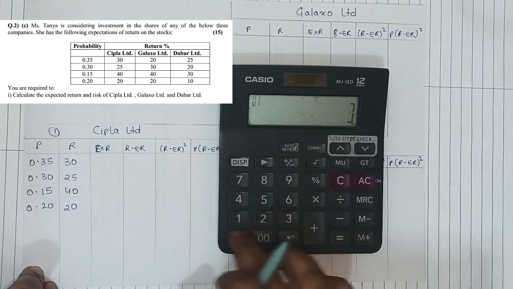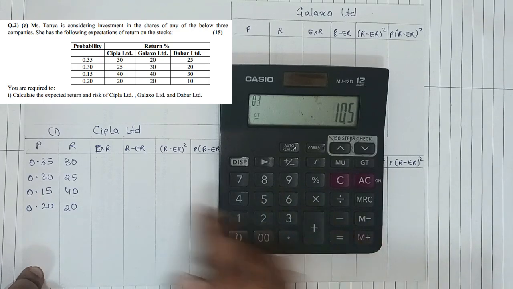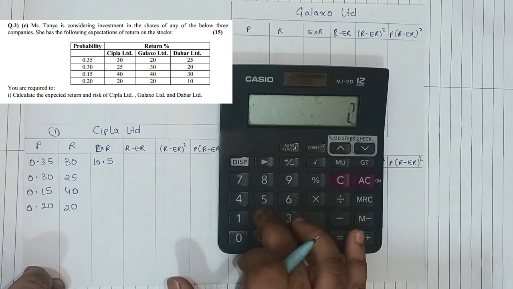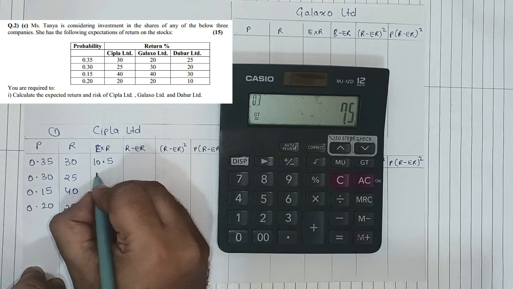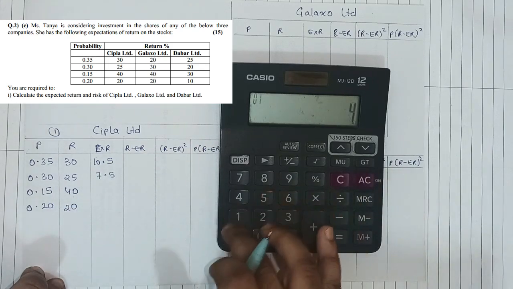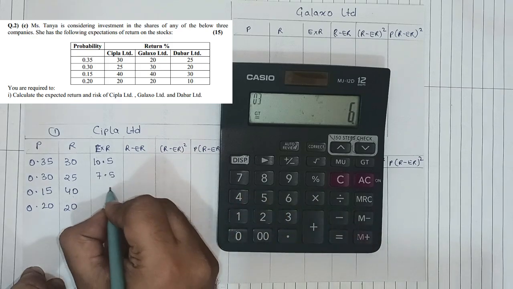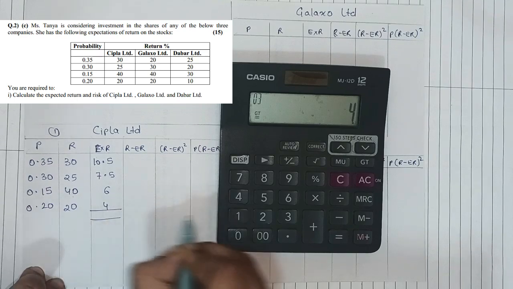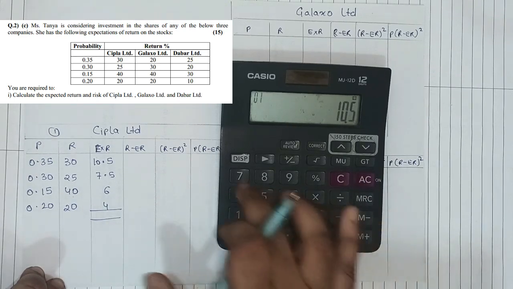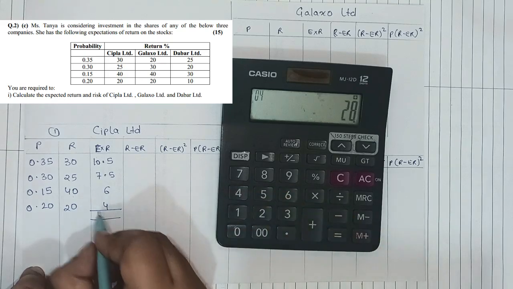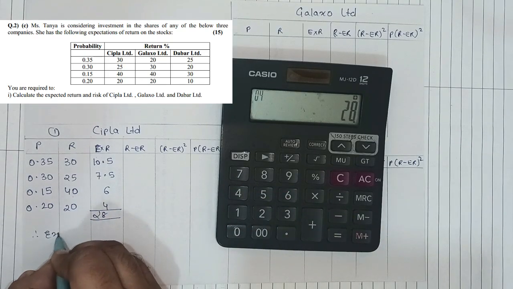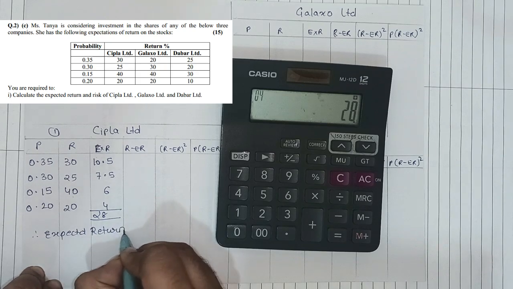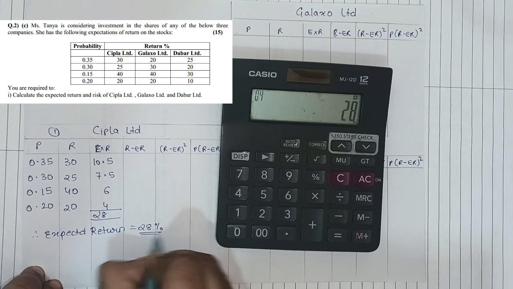We multiply 30 into 0.35, 10.5, 25 into 0.30, 7.5, 40 into 0.15, 6, 20 into 0.2, 4. 10.5 plus 7.5 plus 6 plus 4, which is 28. Therefore, expected return is equal to 28%.